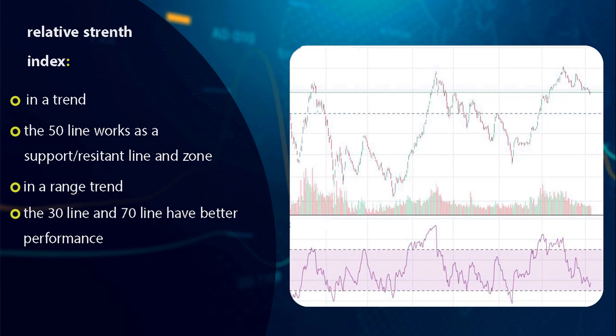Getting a buy position and sell position according to this indicator is a little different between the markets that have a specific trend or the markets that have no specific trend.